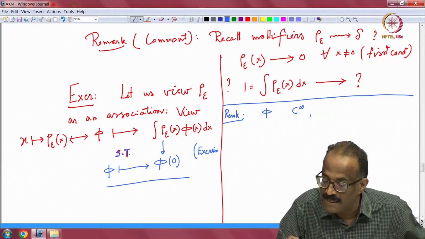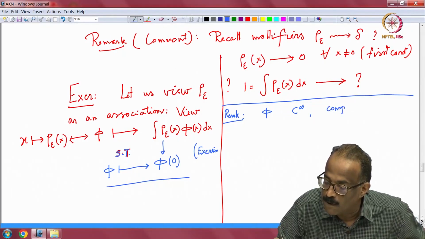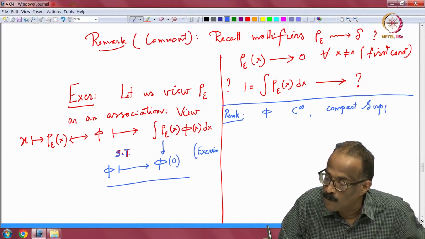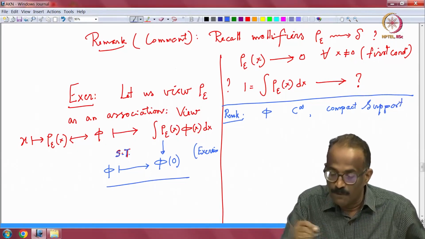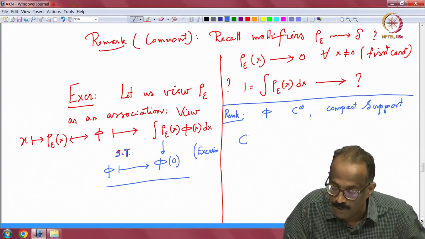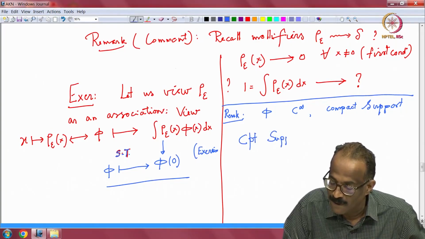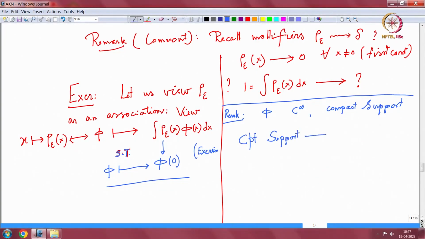Phi is C infinity, and it also has compact support. If you realize the previous example, the compact support actually leads to localization. You can get local values. So, the compact support is used, that is how we got motivated.